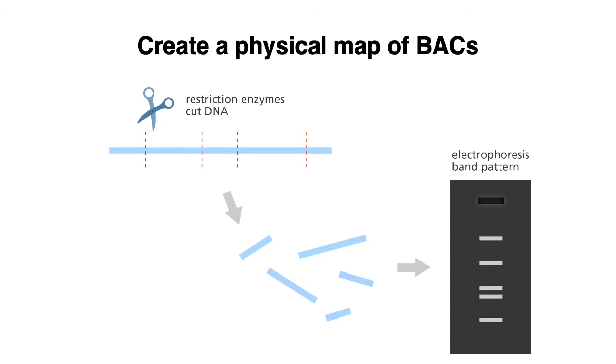If your restriction enzymes have relatively high sequence specificity, which they often do, and your BAC is long enough, then any given fragment of the original genome, which corresponds to an insert in a BAC, will generate a unique banding pattern on a gel. Because if your restriction enzymes are highly sequence specific and your genome is of high sequence complexity, then you're going to get a unique set of fragments after restriction enzyme cutting.